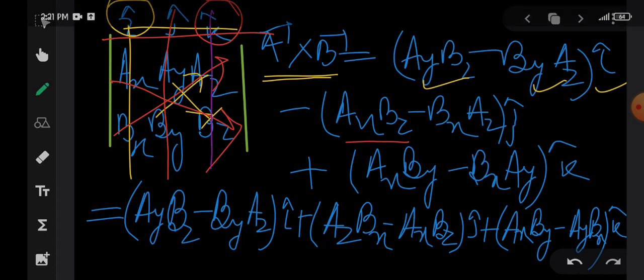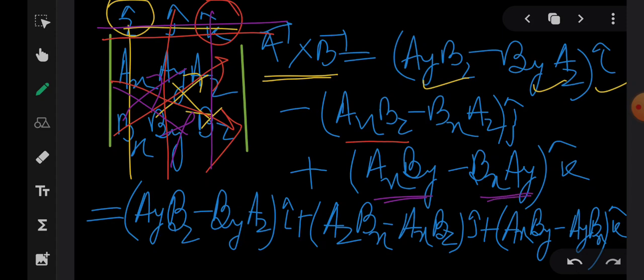What is left is AX BY minus BX AY. So here, if minus is taken outside, it will become plus. So what we get is AZ BX first, and AX BZ minus.